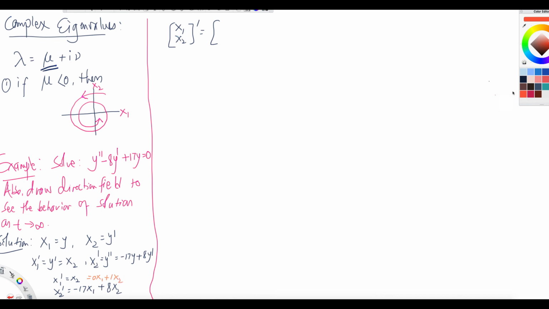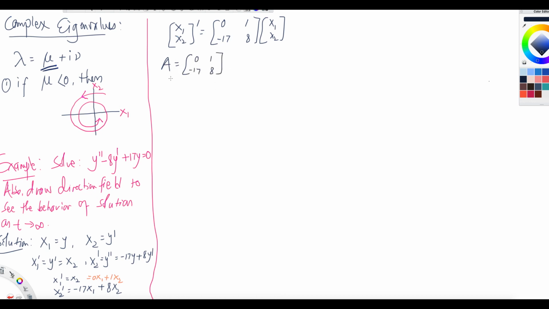So you can write that as 0, 1, and for the second equation you get negative 17 and 8, multiplied by the vector x1, x2. This is a homogeneous equation, right? Because there is no constant term on the right hand side. All right, so what is A? Matrix A is 0, 1, negative 17, and 8.